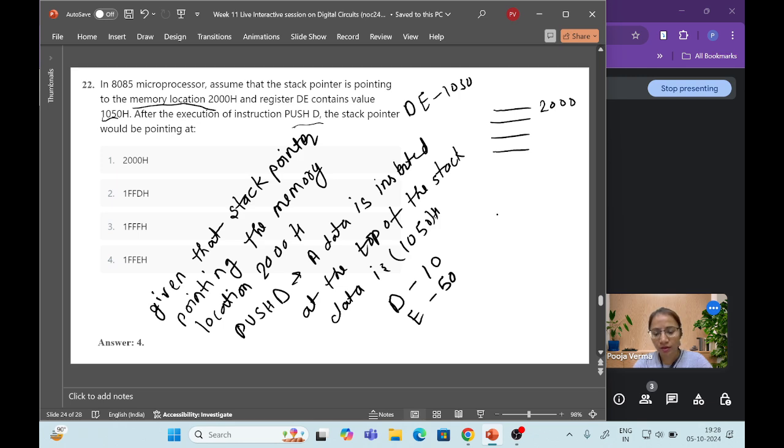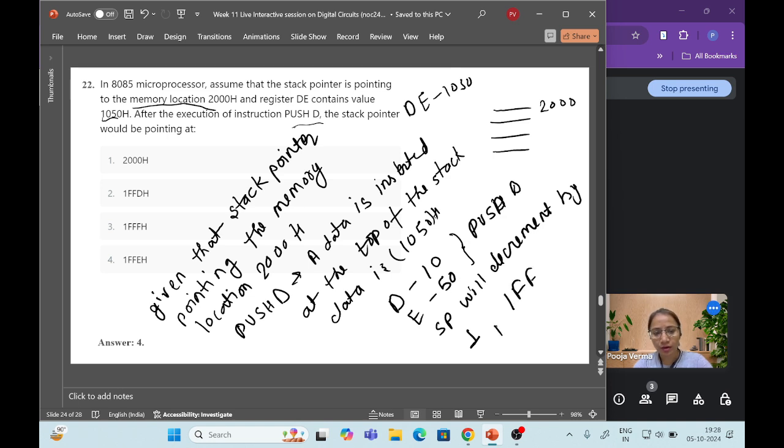Let's see, if we perform the PUSH D operation, the stack pointer will decrement by 1.